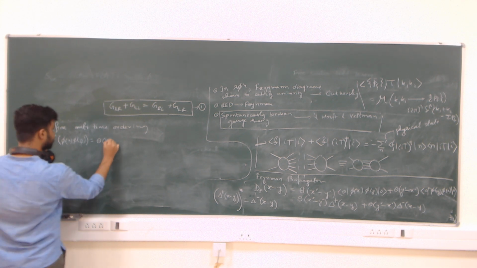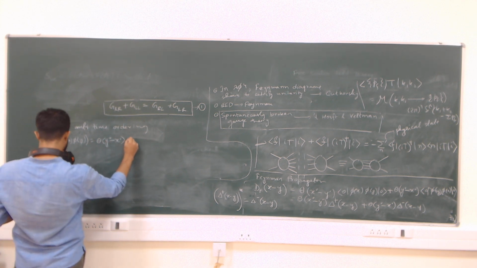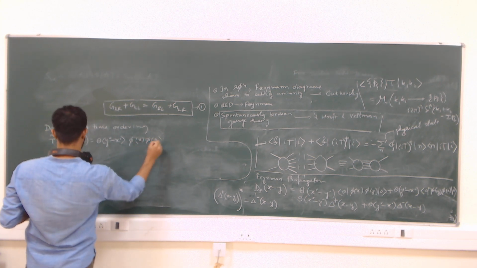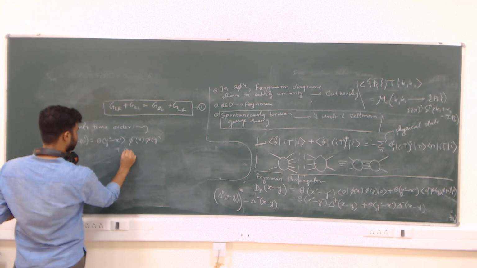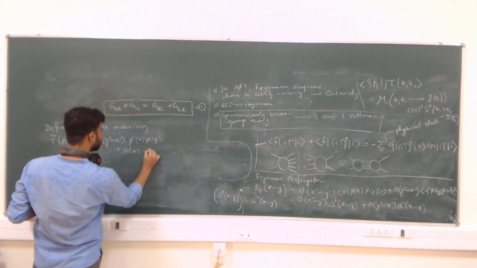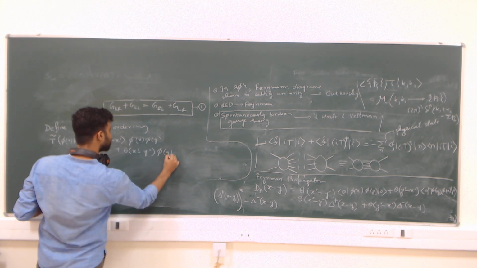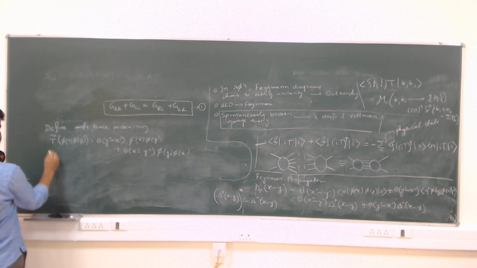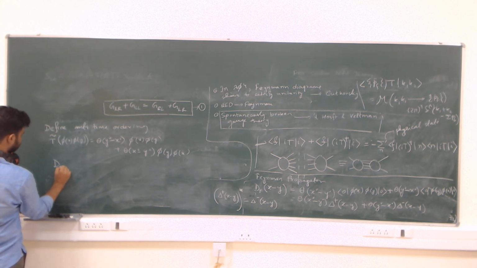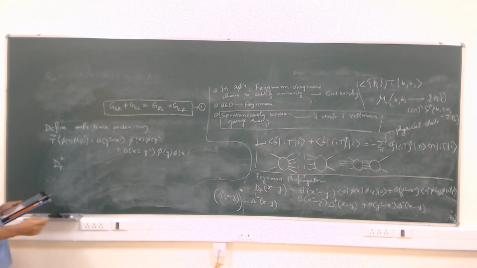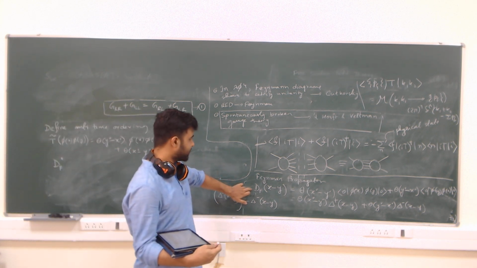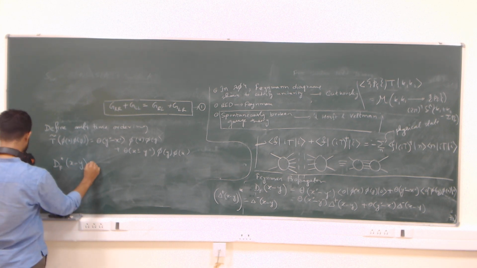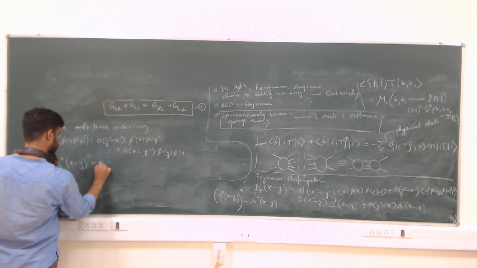It's just the opposite thing. Theta of y0 minus x0 will be phi x phi y, and theta of x0 minus y0 will be phi y phi x. So the anti-time ordered propagator, which will just again be the complex conjugate of this, we can write in this function.